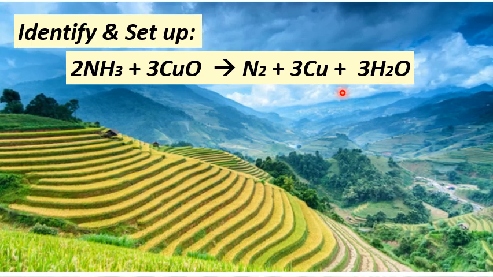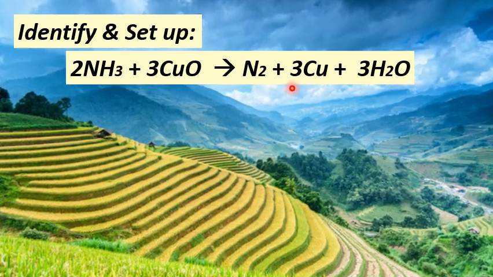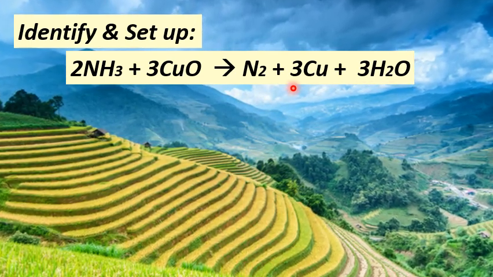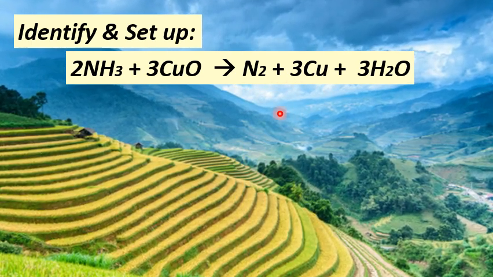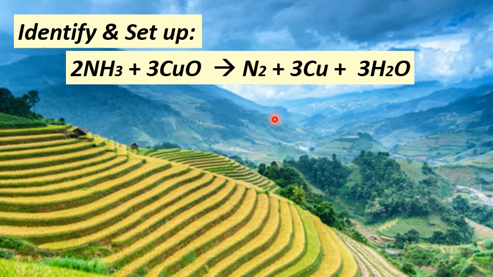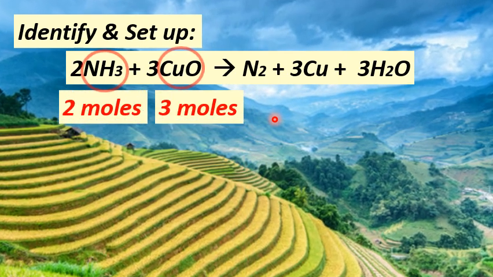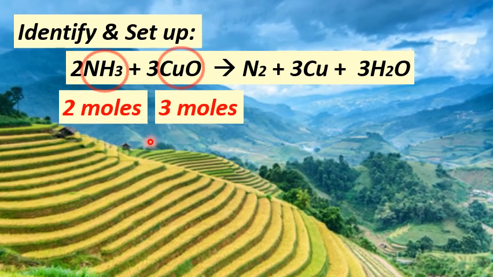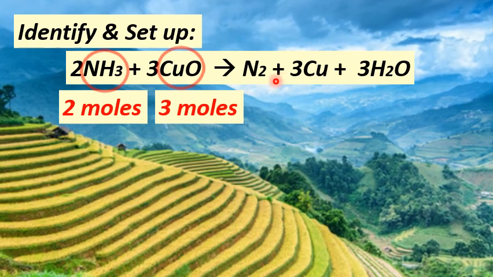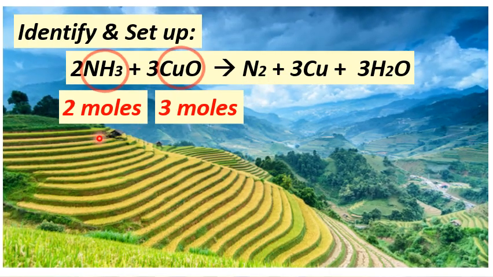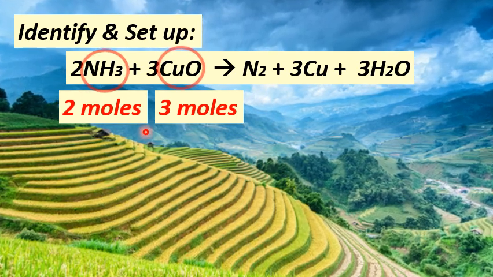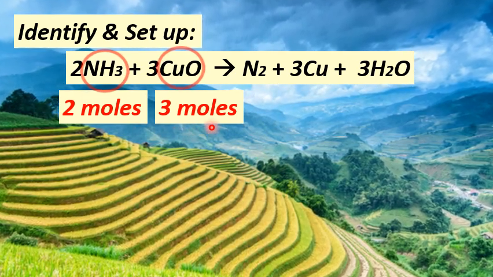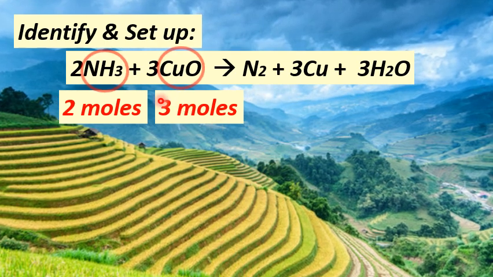So that means this chemical equation is already balanced. And then we emphasize that based on this balanced equation, there are 2 moles of ammonia that can react with 3 moles of cupric oxide.